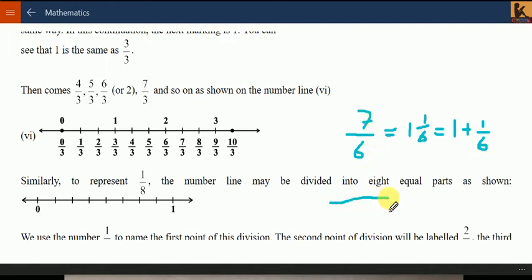Like this is a number line. Let me make a straight line first. So this is a straight line. Okay.